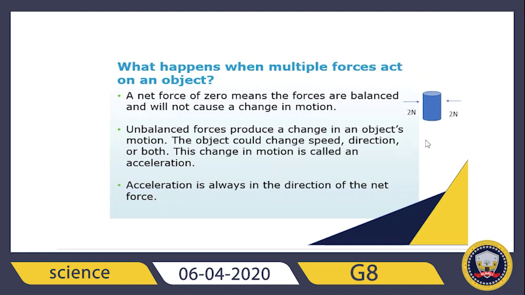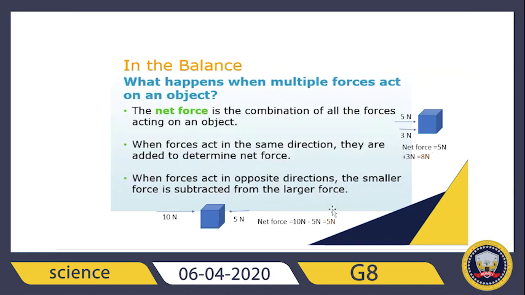So 2 minus 2 equals what? 0. So in this example, the net force is equal to 0, which means that this object is not moving.